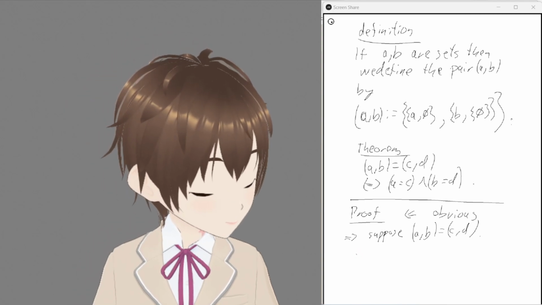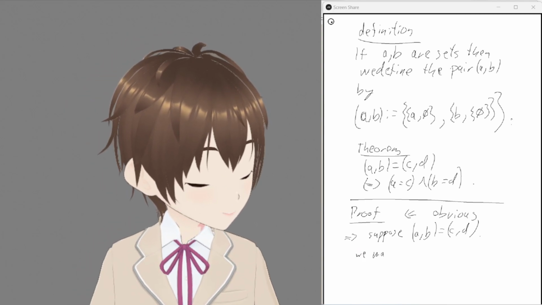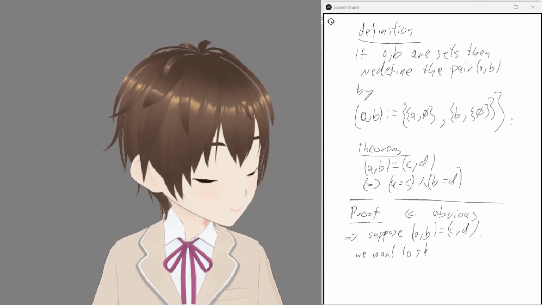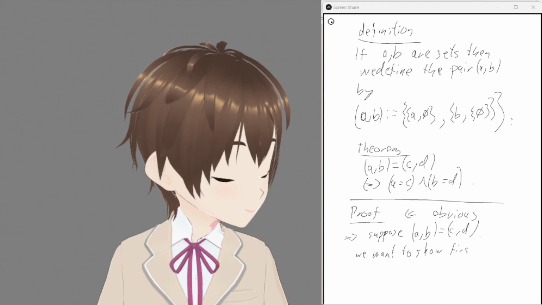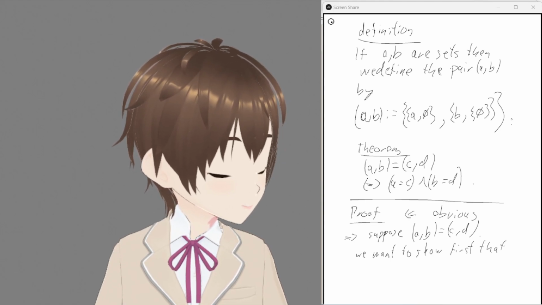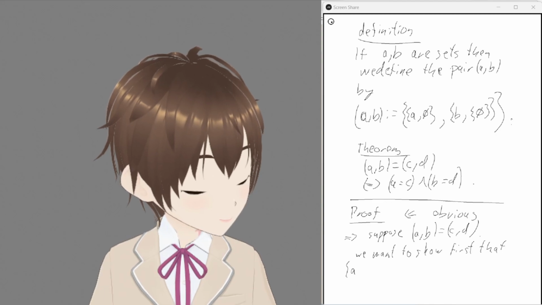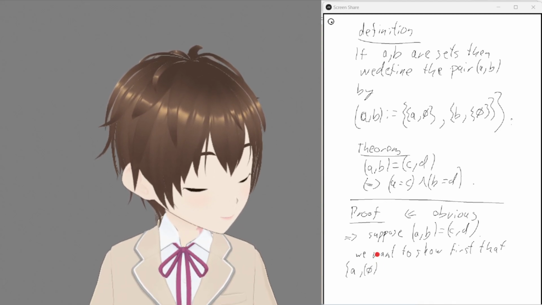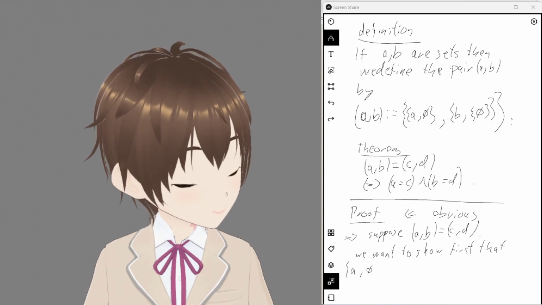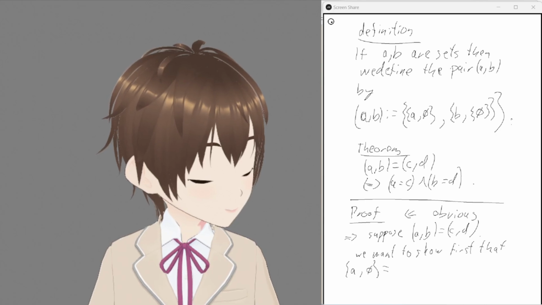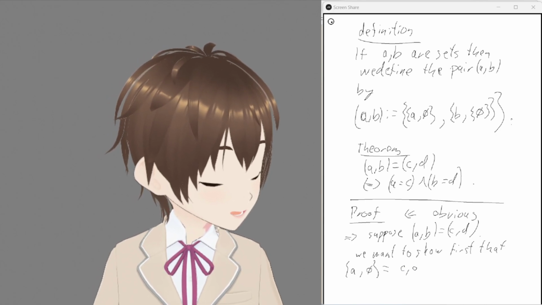So we want to show first that A paired with the empty set is equal to C paired with the empty set.